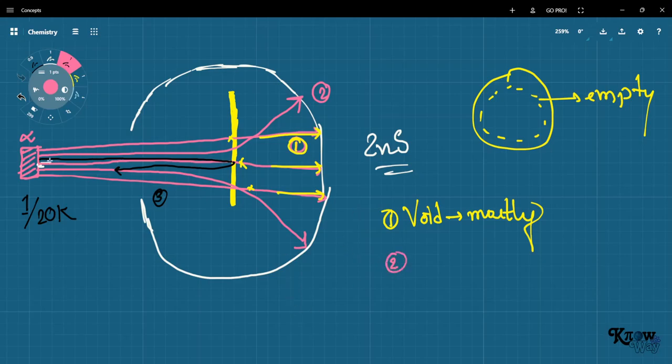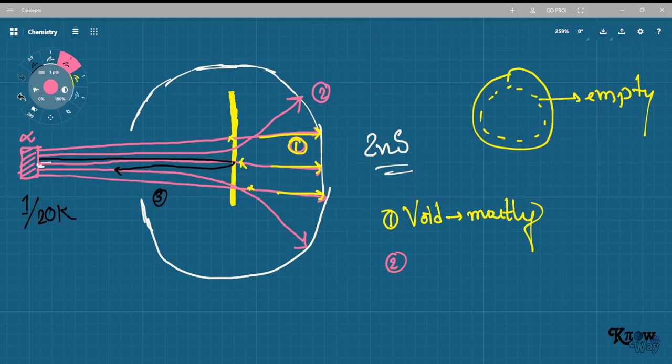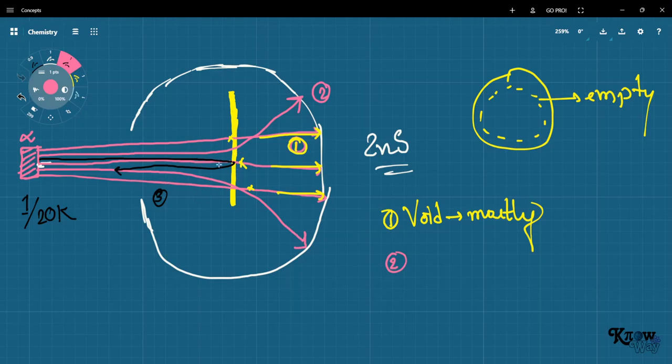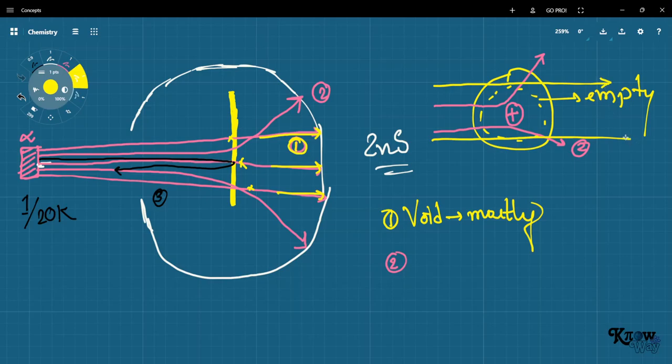Now let's move on to the second conclusion. He saw that in the middle part, or close to the middle part, some particles deviate at a very weird angle. So he concluded that in the middle there is a positive charge, and when the particles go in, they get repulsed by the positive charge and deviate. So the first part: there was nothing there, so it went right through because that was empty.